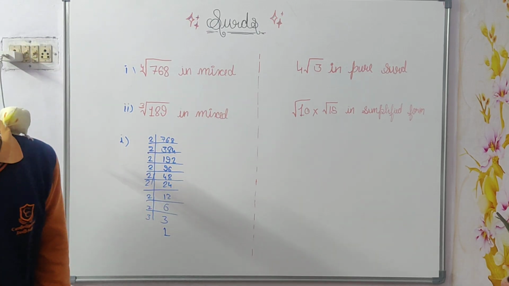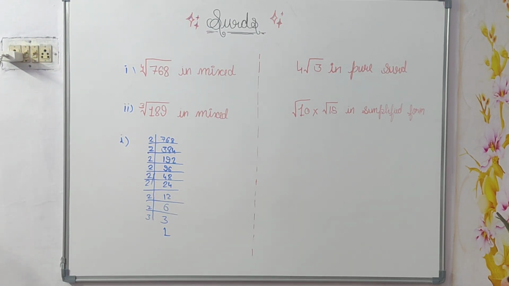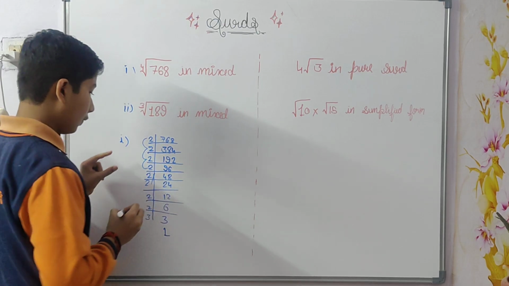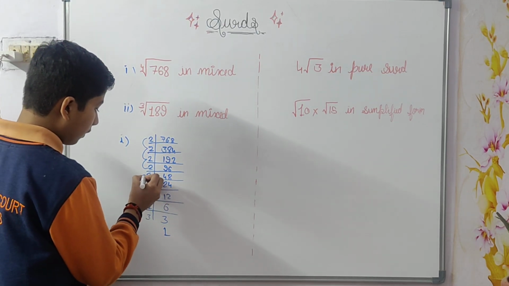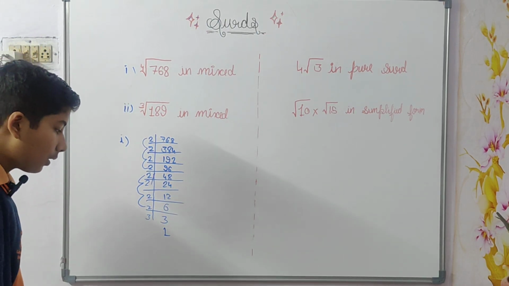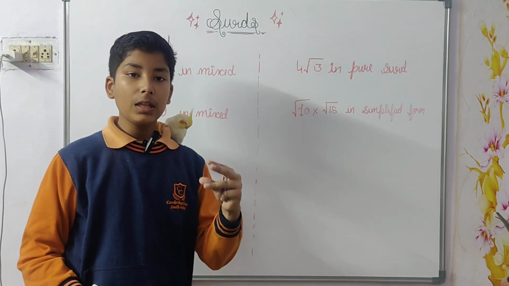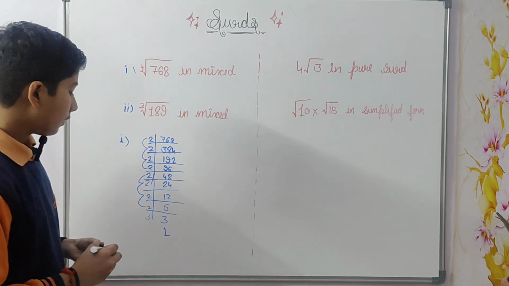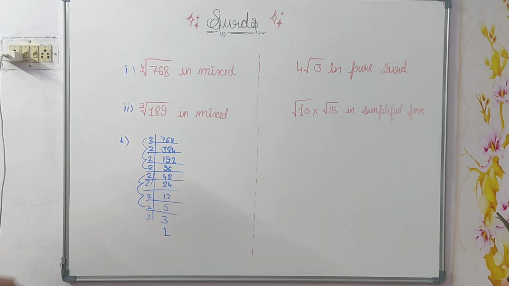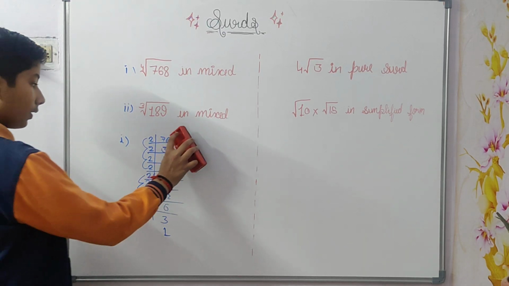So wait, is it power 4? Yes, it is power 4. So 1 2 3 and 4. This pair, 1 2 3 and 4. This pair. But what is left? 3 is left. So what will we do? We can write it as 2 to the power 4.